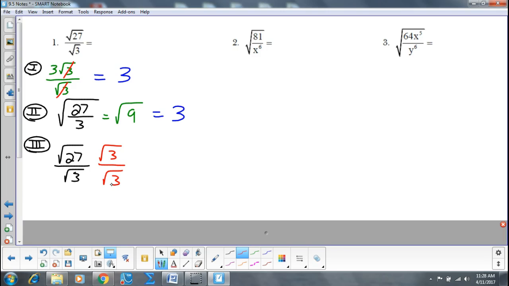I'm not changing the value at all. So then this would become the square root of 81 divided by the square root of 9. What's the square root of 81? 9. What's the square root of 9? 3. And 9 divided by 3 is 3 over 1, which is 3. So there's a couple of different ways to do this problem.